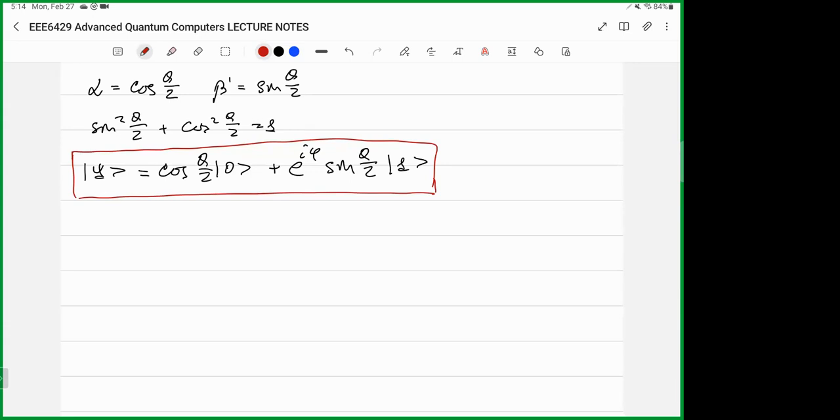But now, having this theta and phi, we can interpret them as spherical coordinates, right?